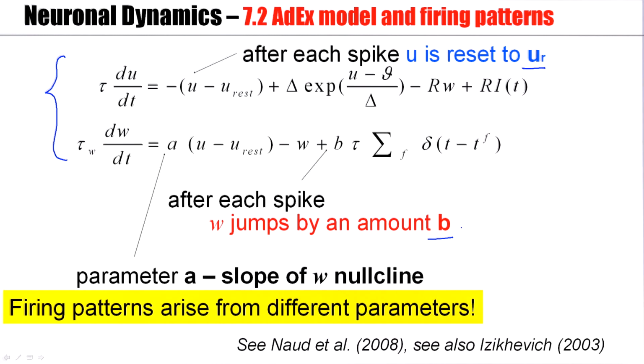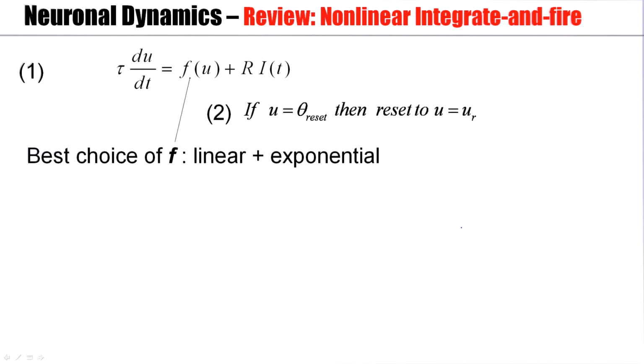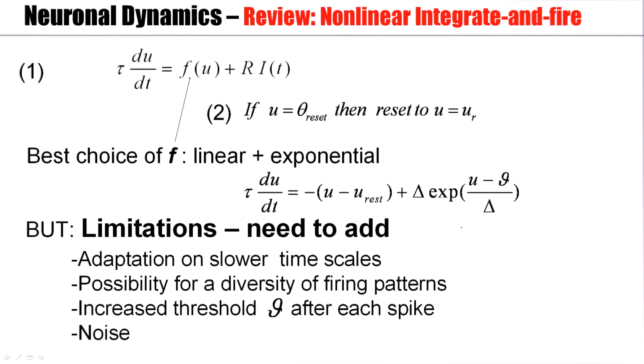And we can predict the appropriate range by the phase plane analysis methods that we have discussed together. Thus, let's take a nonlinear integrate-and-fire model, and the best choice is linear plus exponential. Let's combine this with adaptation variables on a slower time scale. Then we can account for diversity of firing patterns.